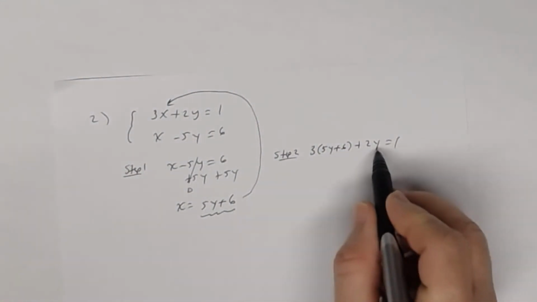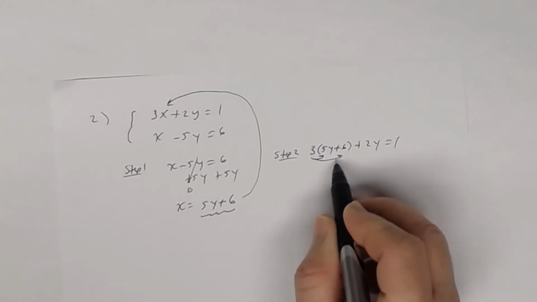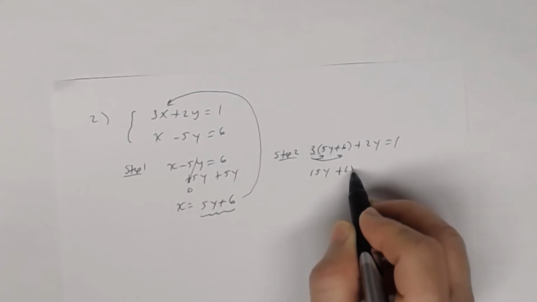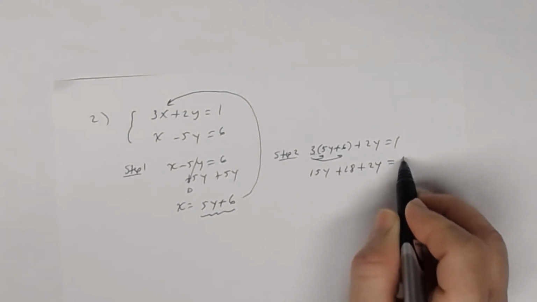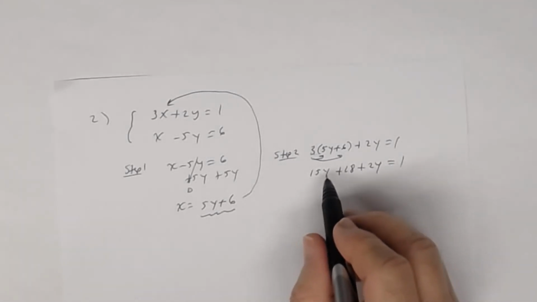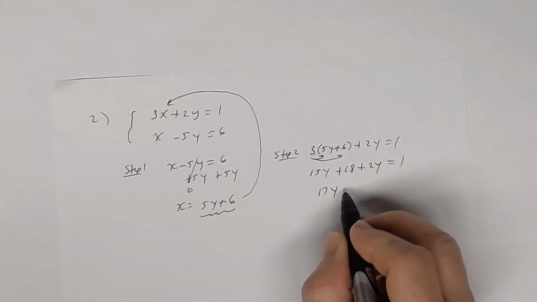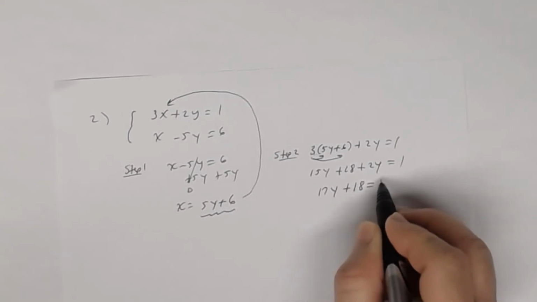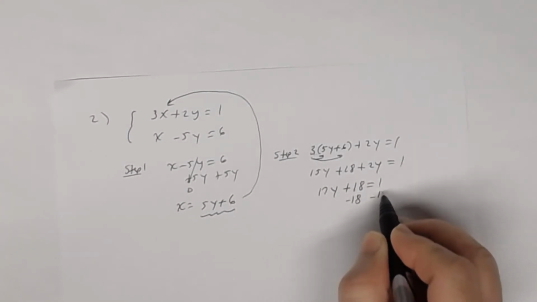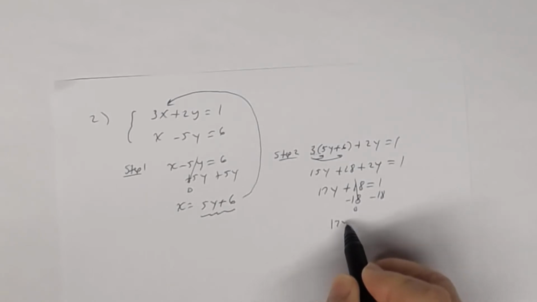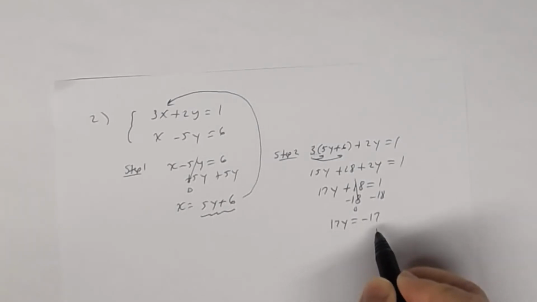Let's go ahead and solve this linear equation. I'm going to distribute. 3 times 5y is 15y, and 3 times 6 is 18, plus 2y equals 1. Combining like terms, 15y plus 2y is 17y, so I get 17y plus 18 equals 1. Subtracting 18 from both sides, I get 17y equals negative 17.